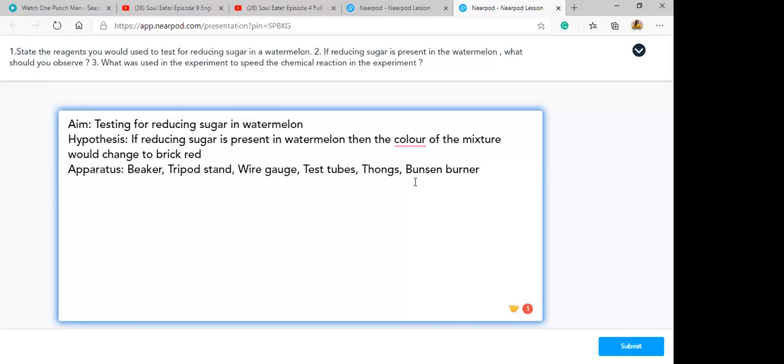But it will be good that you write it in the format that you're writing it in now. So you have the beaker, the tripod stand, the wire gauze, test tubes, the tongs, and the Bunsen burner. That's it.